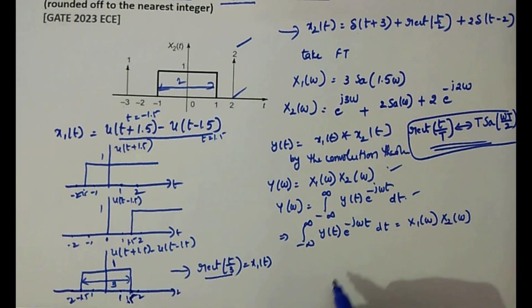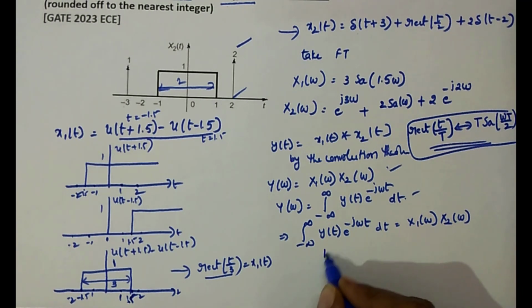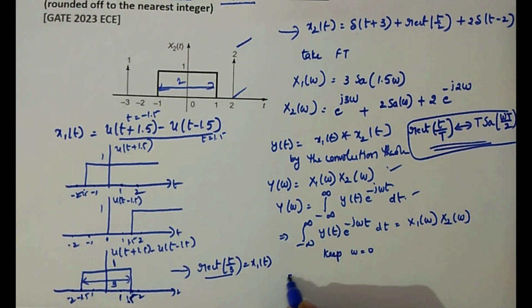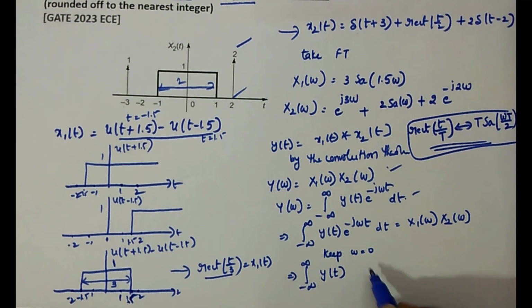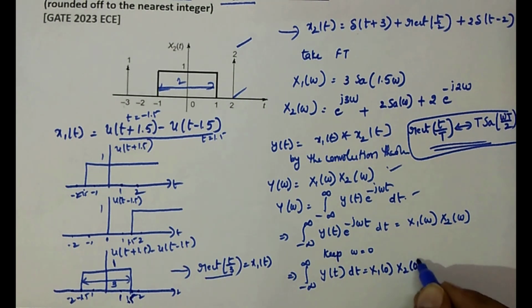Now keep omega equal to 0. This implies the integral from minus infinity to infinity of y of t into, if you keep 0 here, it will be 1, so dt is equal to x1 of 0 into x2 of 0.